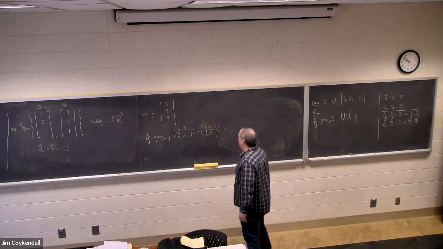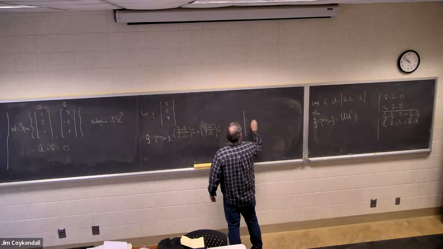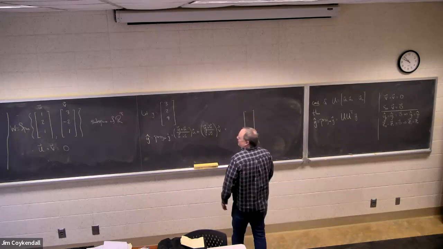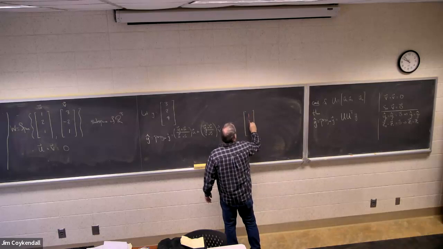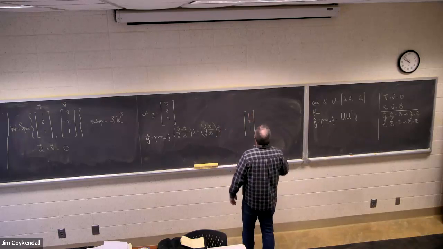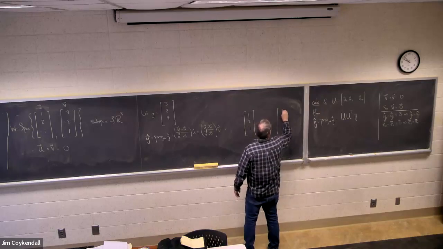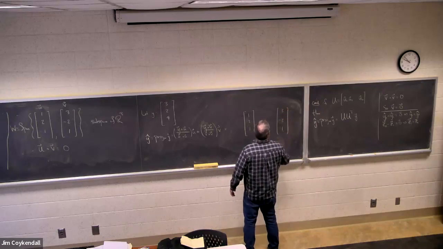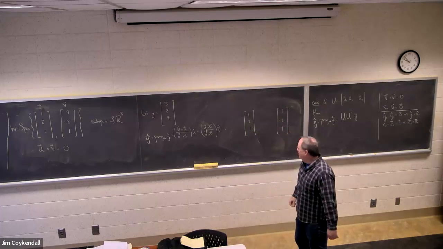So let's figure this out. It's something times u, and u was 1, 2, and something times b, which is 3, minus 2, 1. Now I've just got to figure out what numbers to put here.